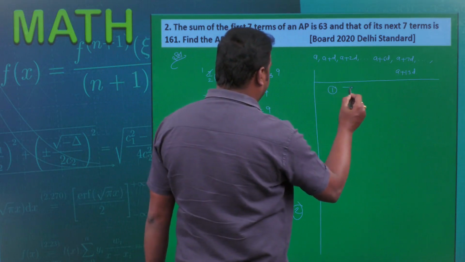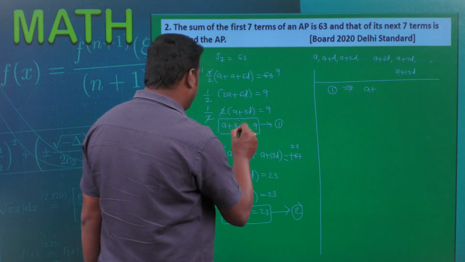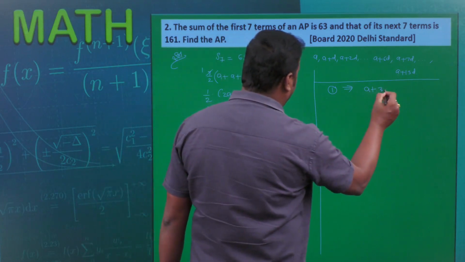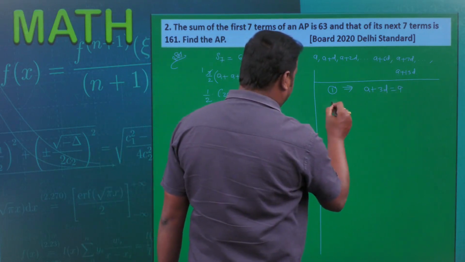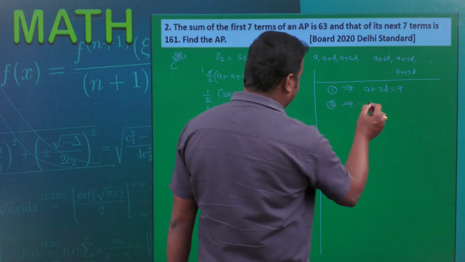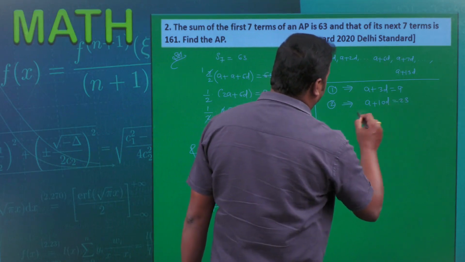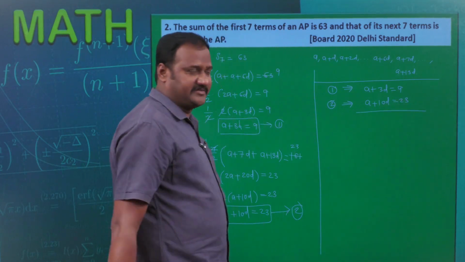The first equation is A plus 3D is equal to 9, and the second equation is A plus 10D is equal to 23. So subtract the second equation from the first equation.